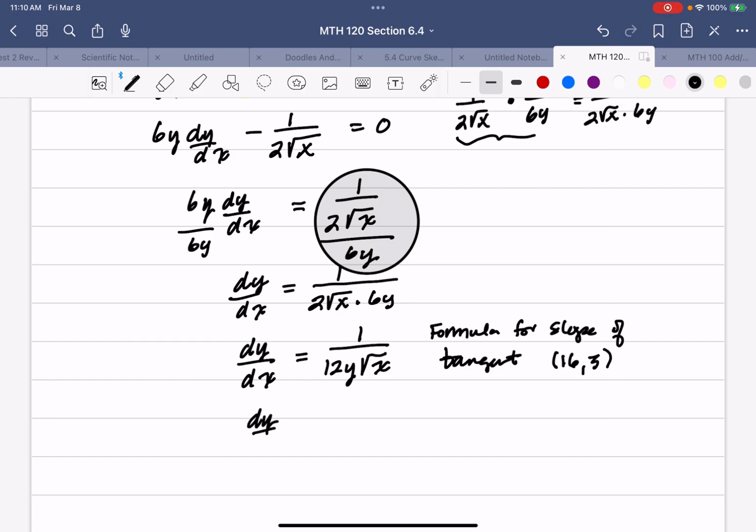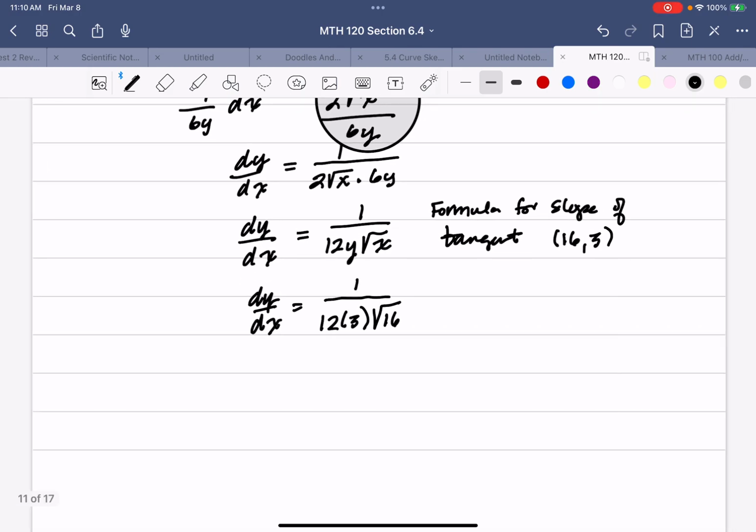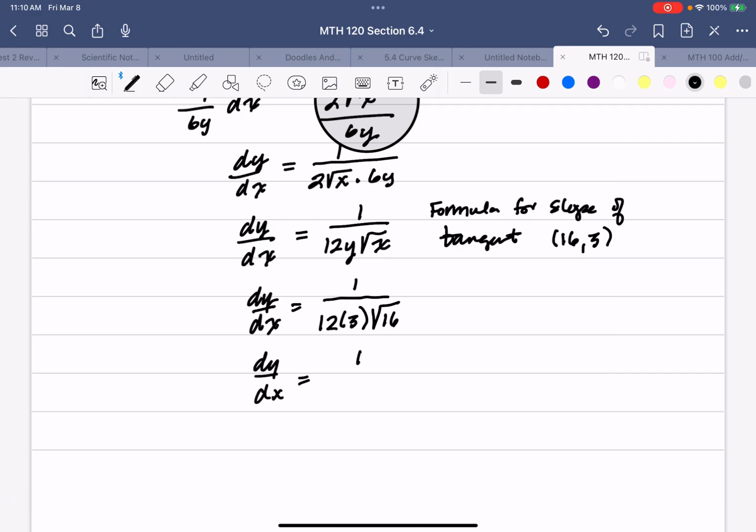So the derivative of y with respect to x is 1 over 12 times 3, the square root of 16. So dy/dx is 1 over 36 times 4, or 1 over 144. This is the slope of my tangent.